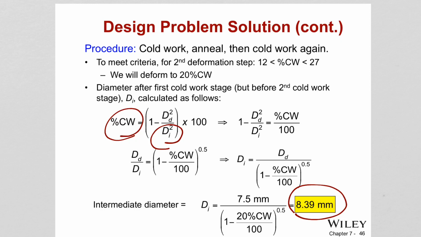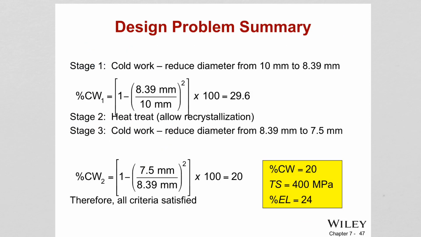So this is if we do step-by-step cold working. In the first stage, what we need is a 29.6% reduction in cold work percentage, and then we can do heat treatment, and then again cold work to go from 8.39 to 7.5 millimeter in that second reduction.